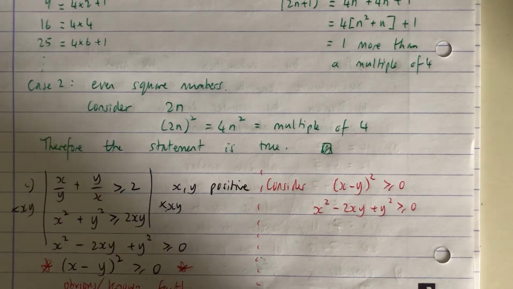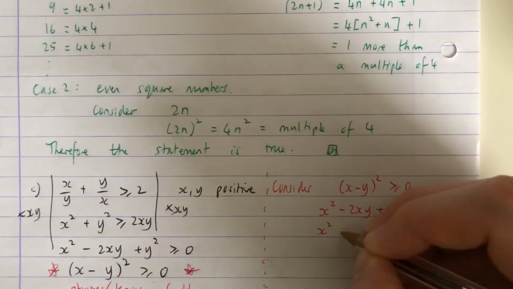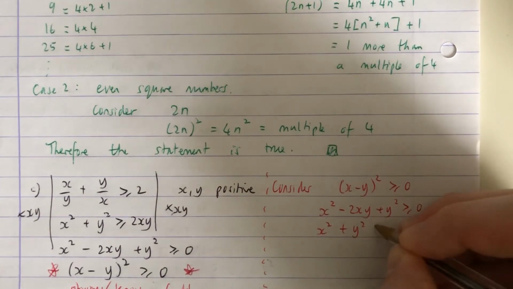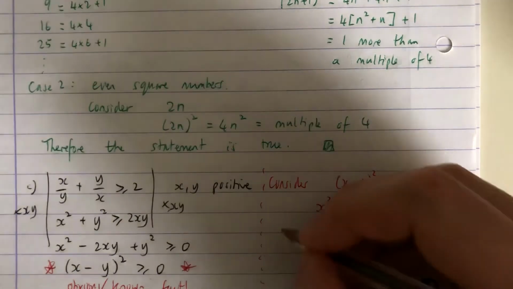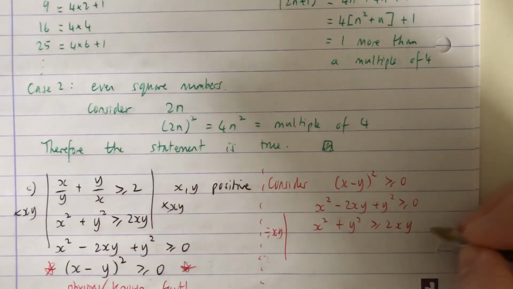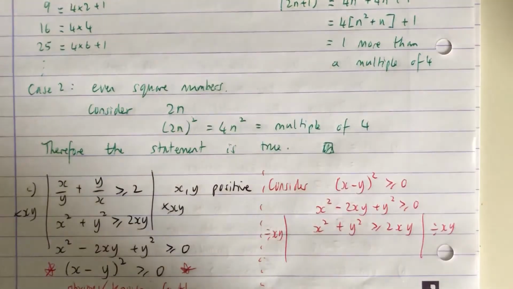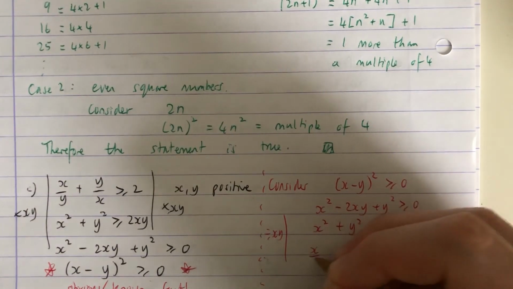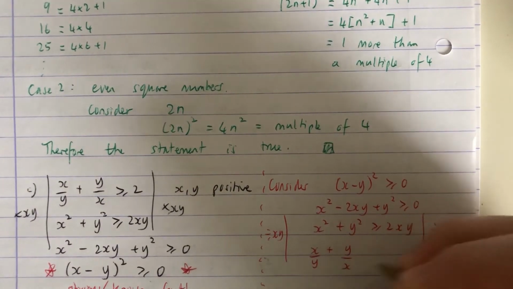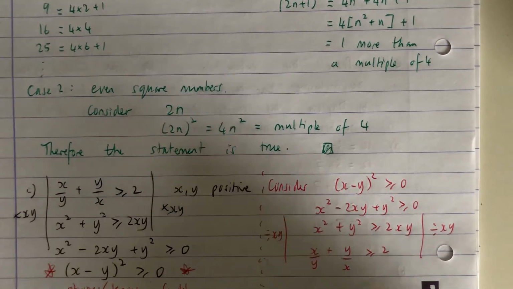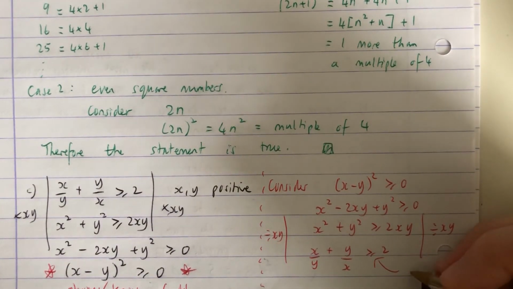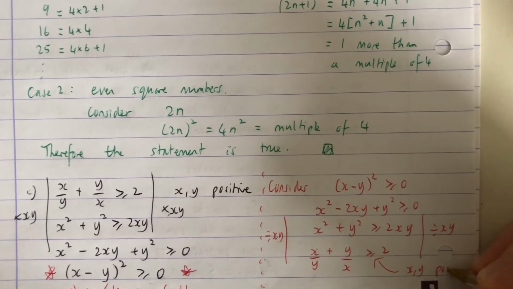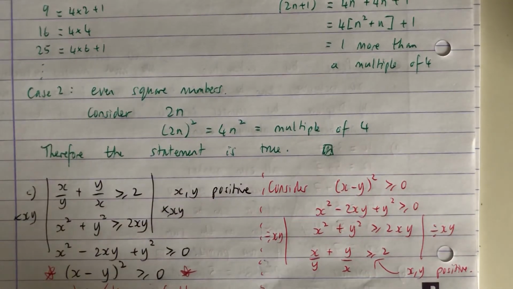Then you took the thing to the other side. Then divide by xy. And it goes to this: x over y plus y over x is greater than or equal to 2. The inequality doesn't change direction because x and y are positive. And that is the end of the proof.